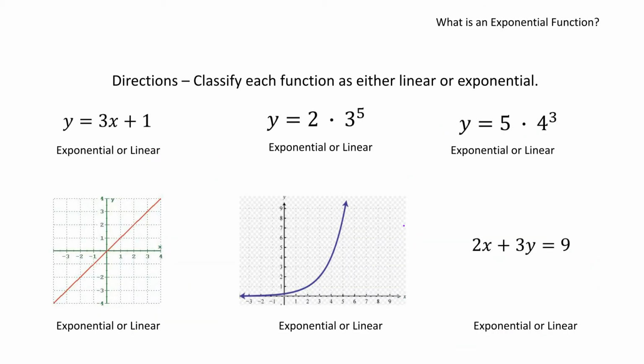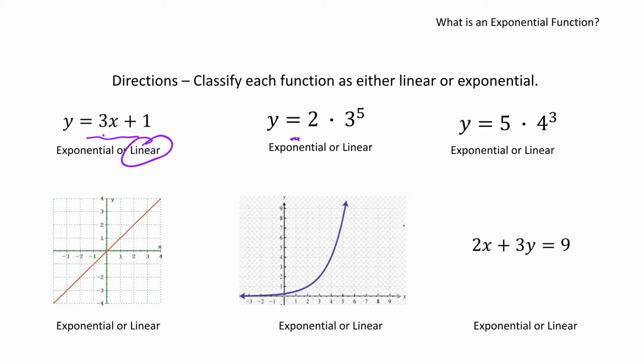So on this, it says to classify each function as either linear or exponential. So this one here is going to be linear. It looks like the slope-intercept form, 3x plus 1. So anytime you see it's 3x and then you're adding some value, it is a linear equation.